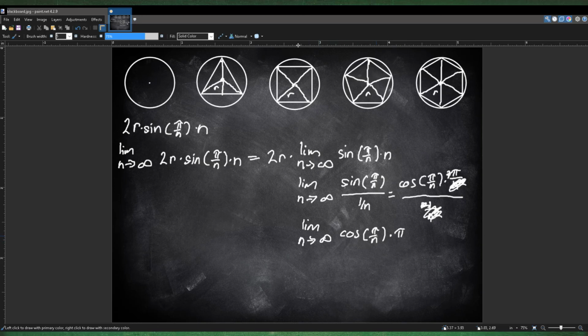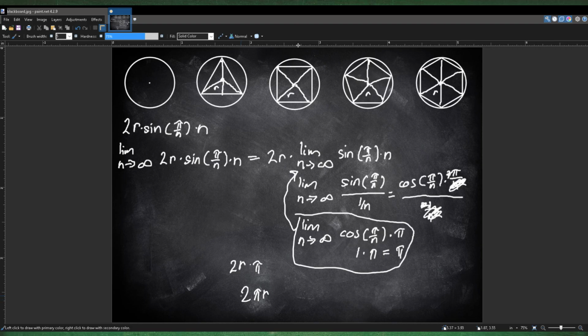As n approaches infinity, pi over infinity is 0, so cosine of 0 is 1, times pi. So this entire thing simplifies to pi, which you can substitute right here. So we have 2 times radius times pi, which you can rewrite as 2 pi r, which is the circumference of your circle.